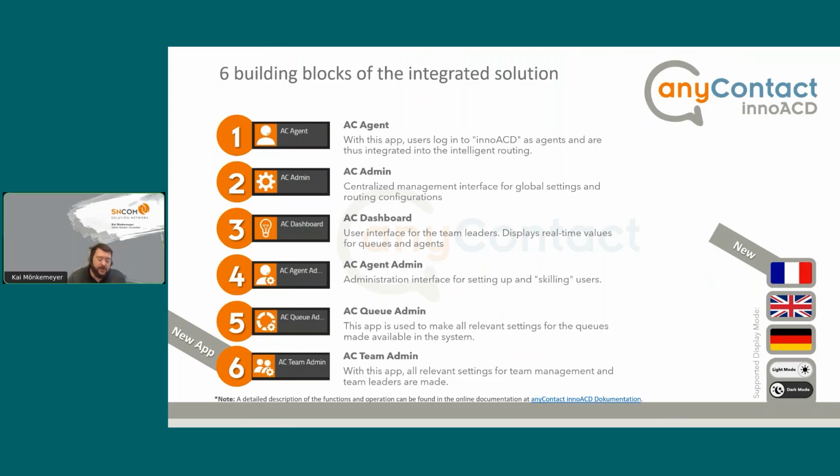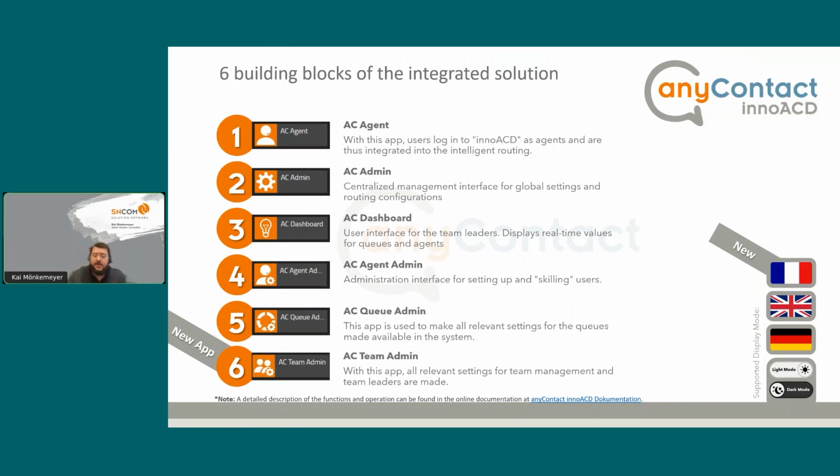We split the app into different apps on the app platform to make best use of the innovaphone app model with user rights management per app, so you can give sufficient apps and rights to the members of each team in your company. For example, the agents have access to the agent app and to the dashboard, but not to the admin app, because it's reserved for your administration and supervisor staff.